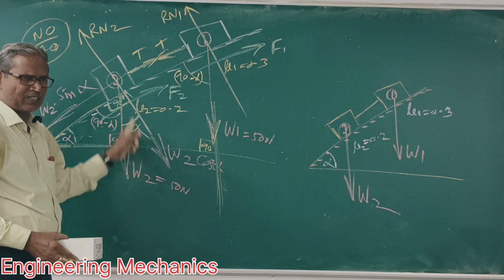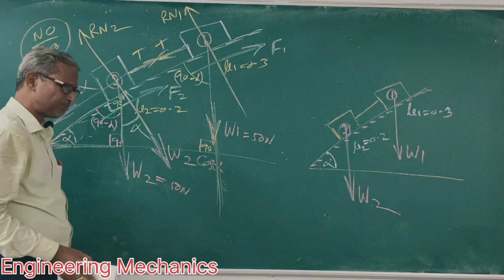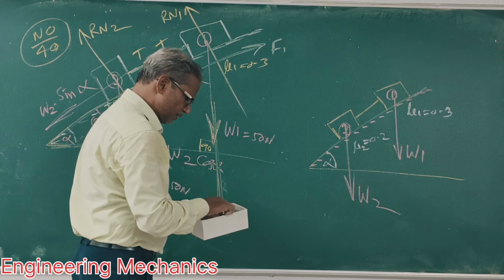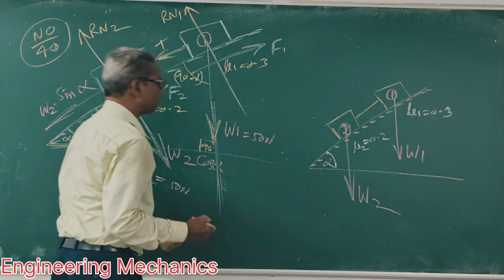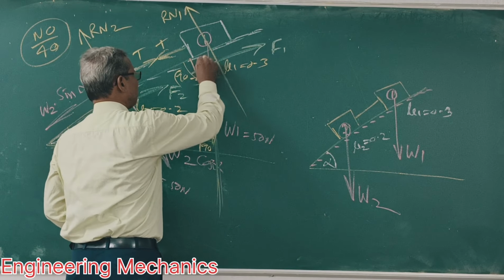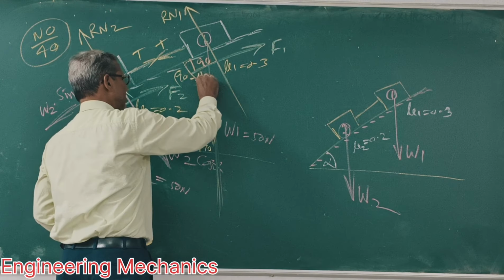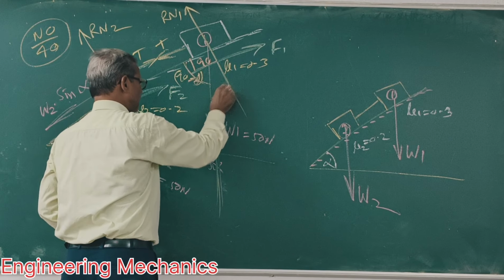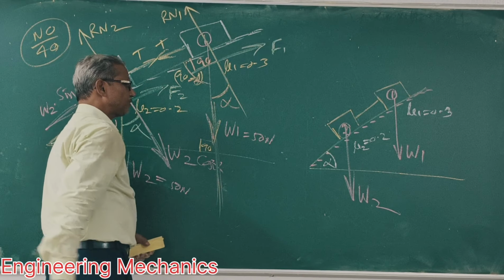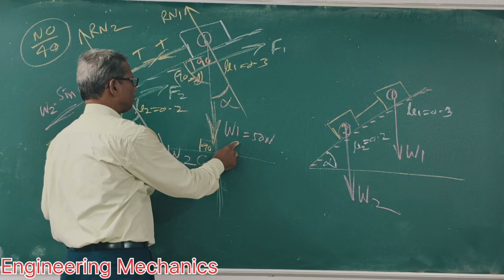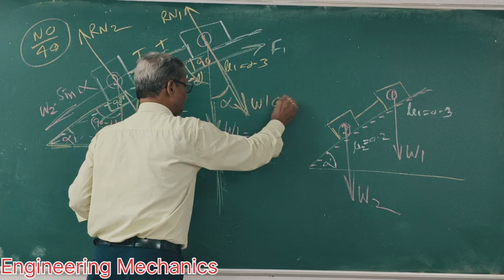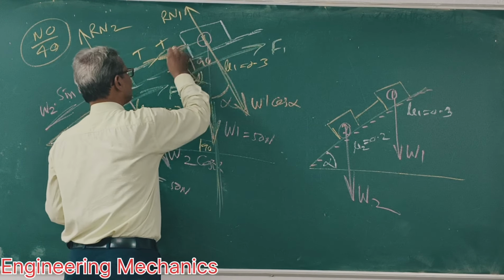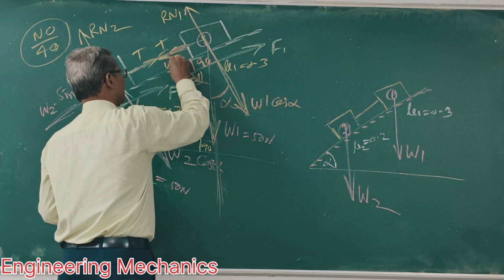Clear? Now what is this angle? Tell me what is this angle? This angle is 90, this is 90 minus alpha. So what is this angle? Alpha. So resolve this force. This is N cos alpha, this force is N sin alpha.